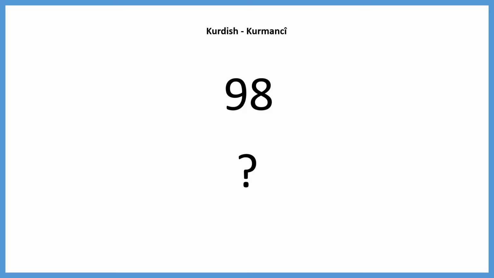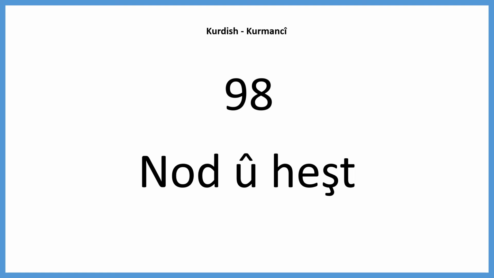You may pause the video here. 98 would be nodûheşt. Nod, 90, û, and heşt, 8. Now that we've practiced numbers until 100, and we know that 100 is sed, let's look at multiples of 100.